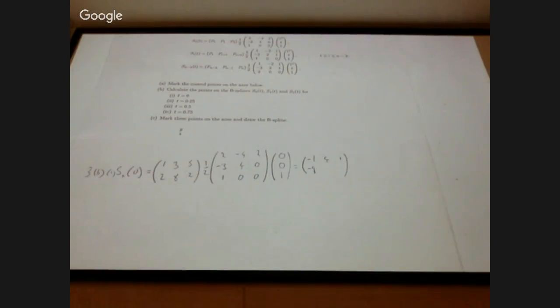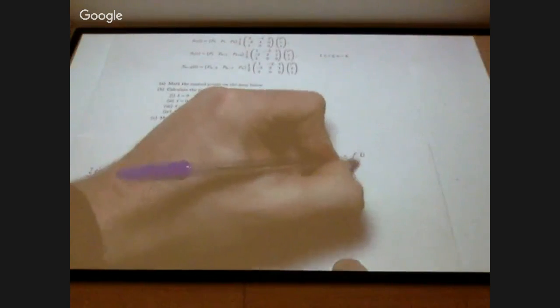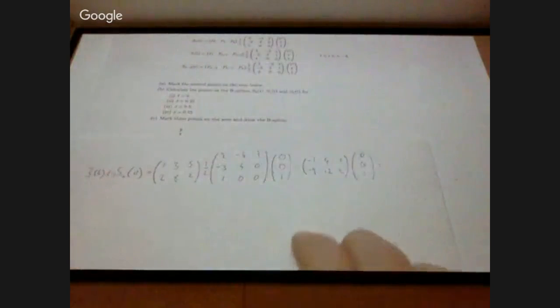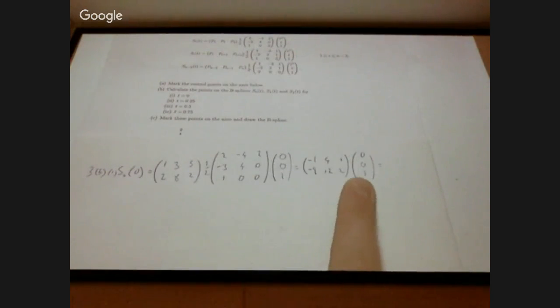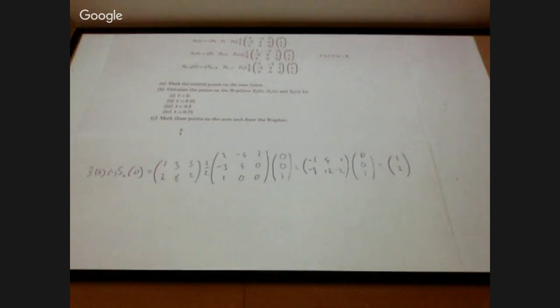So that's 24. Half of 24 is 12. And finally, it's just 2 times 2 is 4, half that is 2. Okay. Multiply by 0, 0, 1, so it's just the last column. So that's 1, 2.